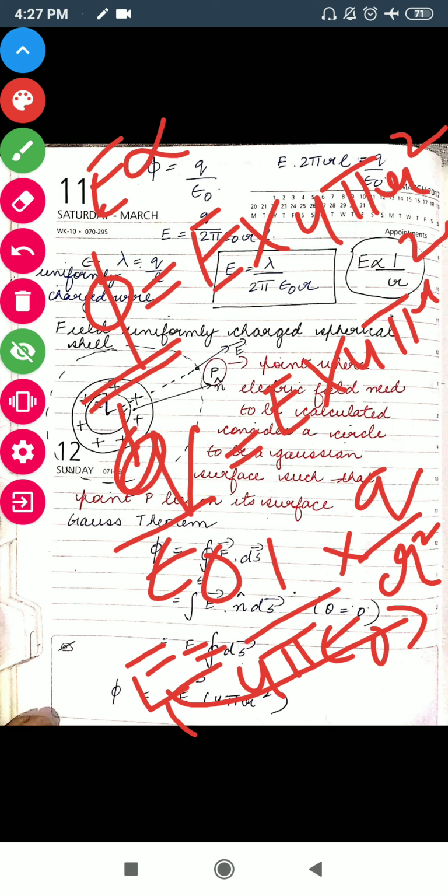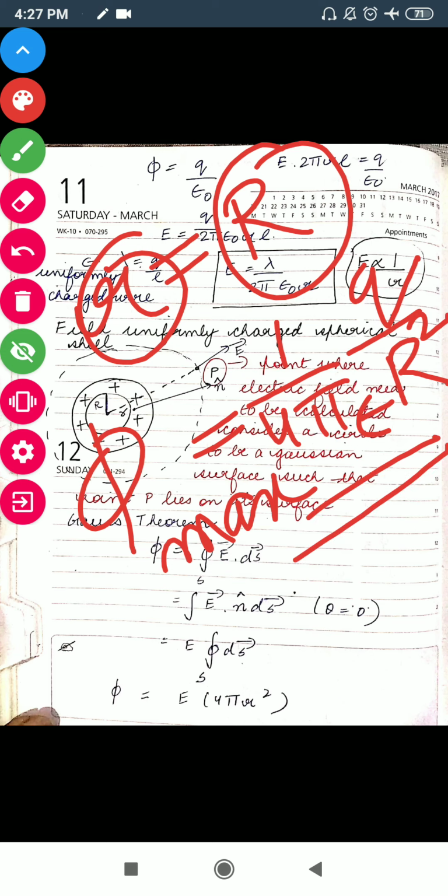Now if you keep r equal to capital R, that is on the surface of the shell, then you are going to get the maximum flux. You get it if you put Q upon R square, with small r replaced by capital R. This is the value of maximum flux on the surface of the sphere because maximum charge is residing on the surface of the sphere.